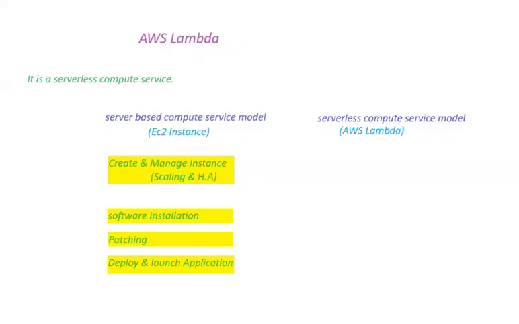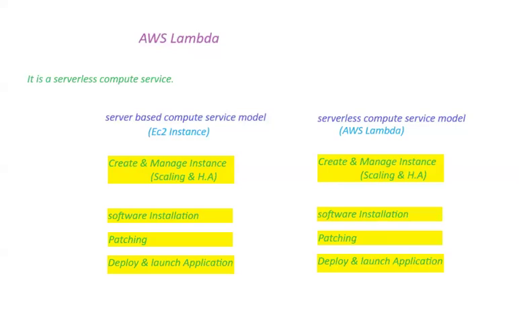Since in Lambda, we are not taking care of infrastructure and maintaining the software installations, since we are not maintaining the server here, we call Lambda a serverless compute service model. So if anybody asks you why Lambda is serverless, it is because we are not maintaining a server while using Lambda.